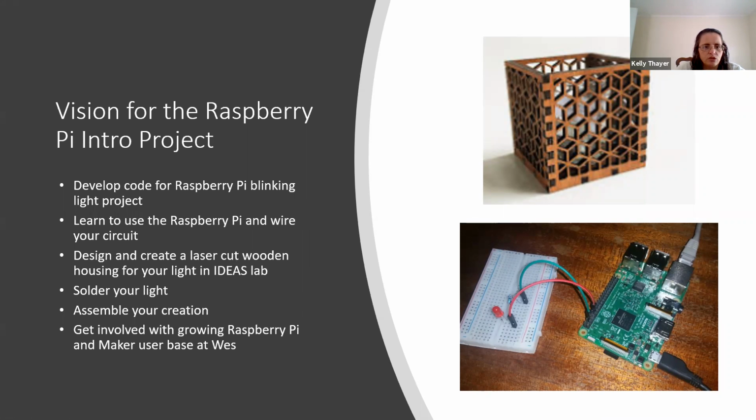Then we're going to learn how to use the Raspberry Pi and wire the circuit. We do that when we get on campus, and we can actually give you the Raspberry Pi. Then we'll design and create the laser cut wooden housing for your LED light in the Ideas Lab. This is an example. This is kind of a complex one, but you'll have some opportunity to design some kind of a housing and learn how to use the laser cutter.